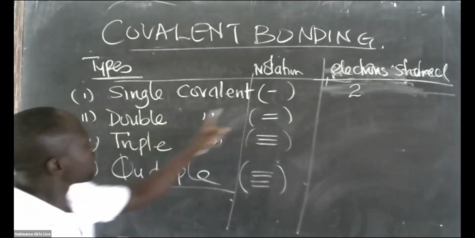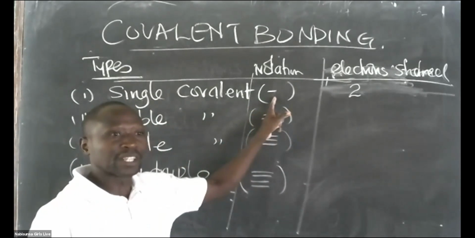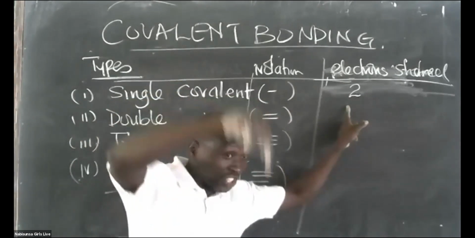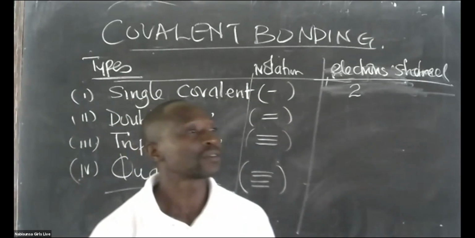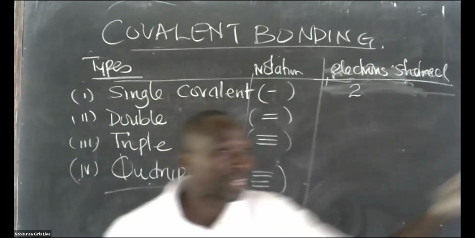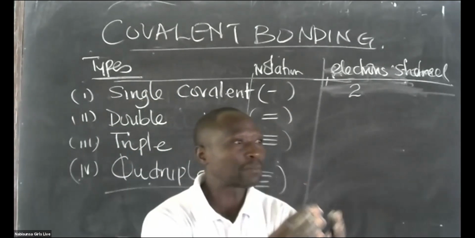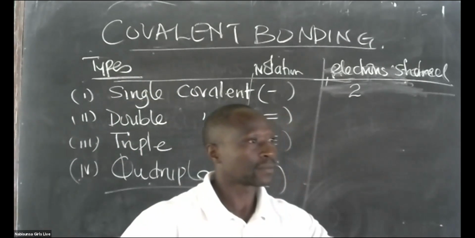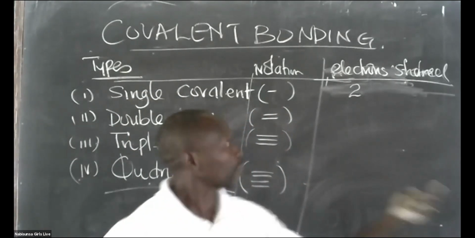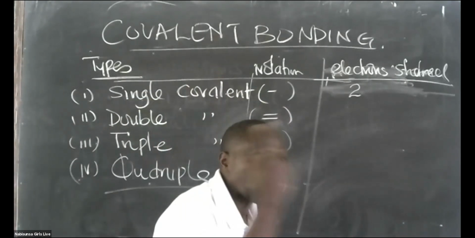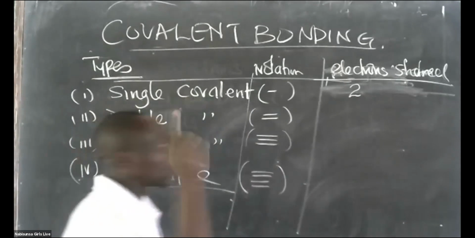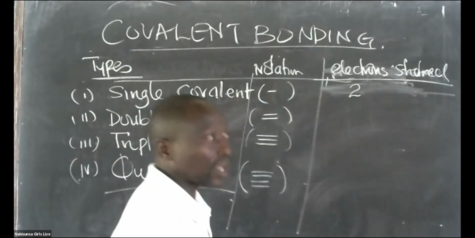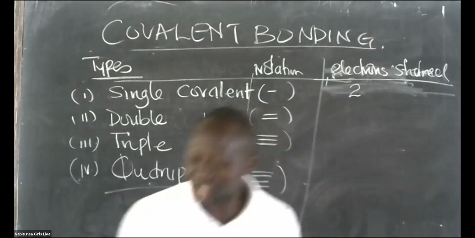And if we are to form a single covalent bond, it means 2 electrons are being shared. So how many electrons does each one contribute? Each one contributes 1 electron. You bring 1, I bring 1, they become 2, we share. So each atom contributes 1 electron so that they become 2 to be shared.